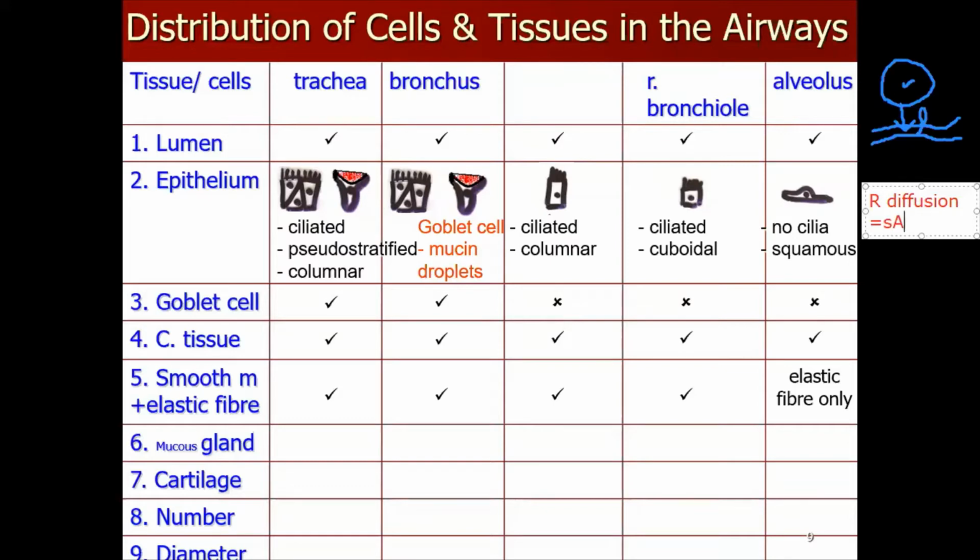Okay, surface area times concentration gradient divided by distance, L. So this one must be bracketed together. Therefore, when you don't have smooth muscle, you're actually decreasing the diffusion distance.